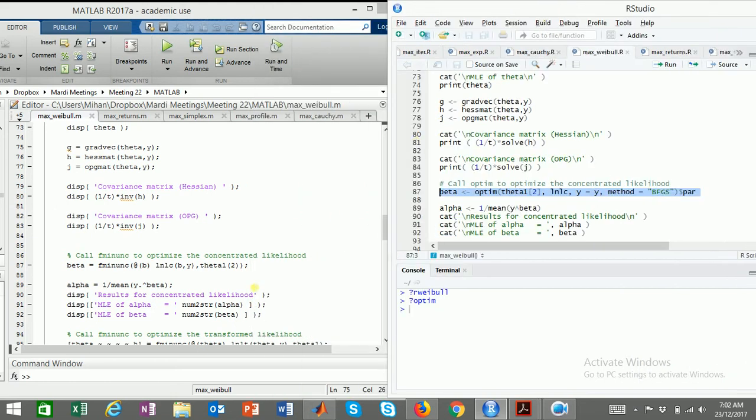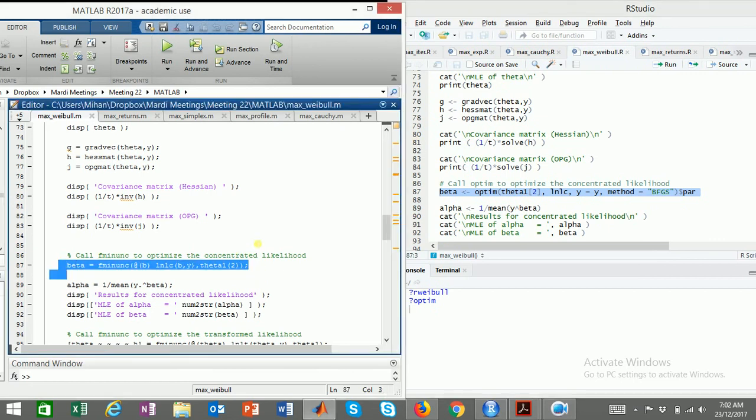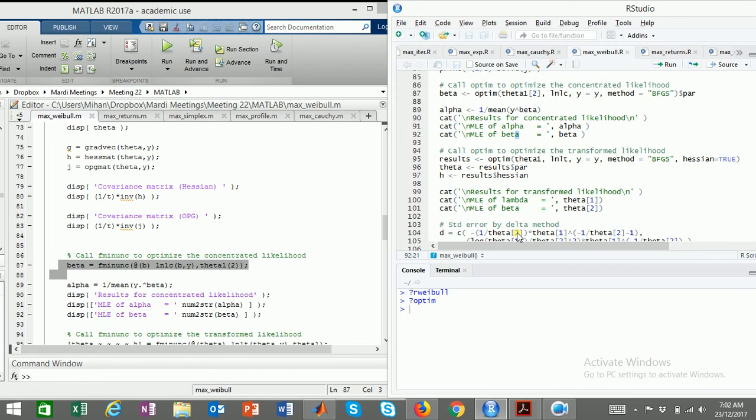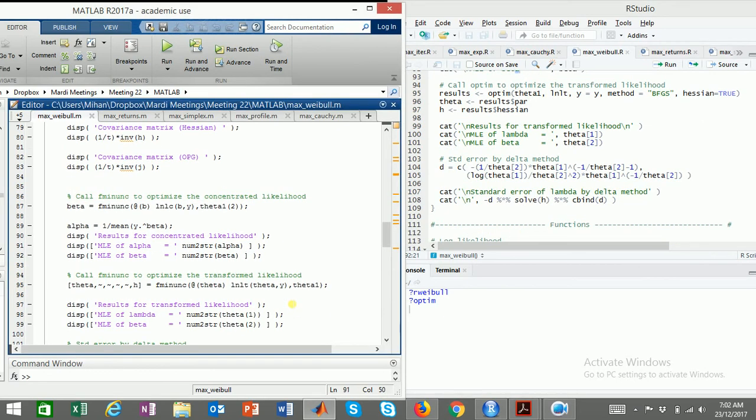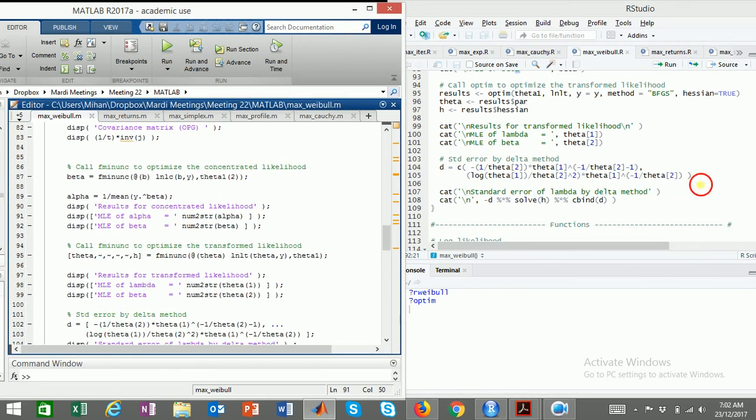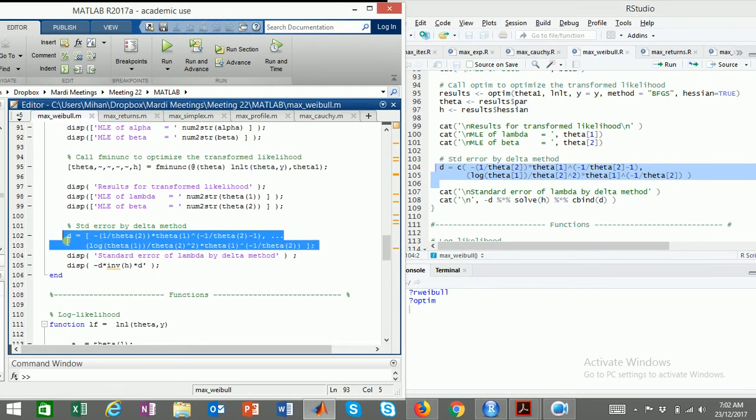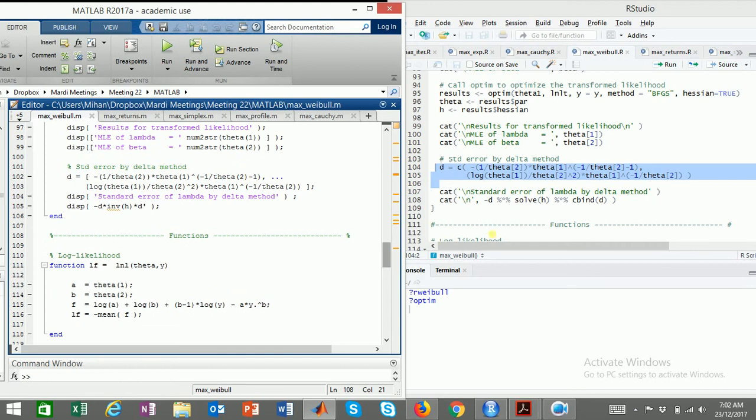Just remember that: using the second element in the concentrated likelihood. For the standard error, we can use the delta method. We might not use the delta method. This is given in the equations, we already know it, so don't worry.